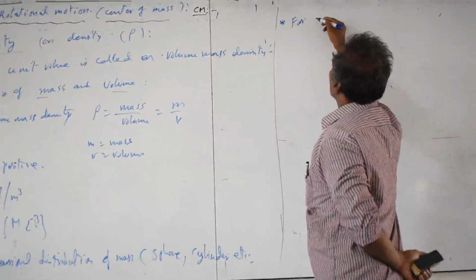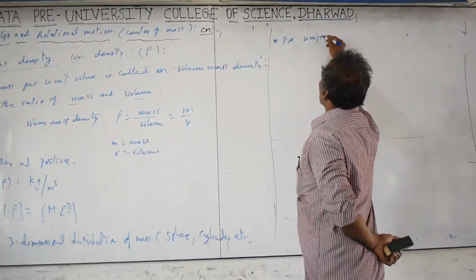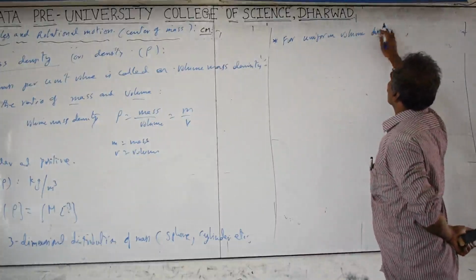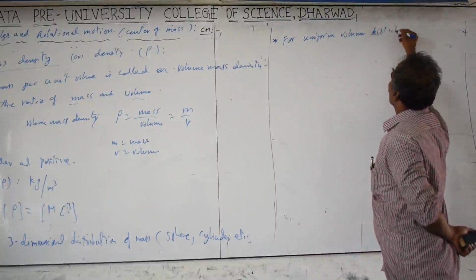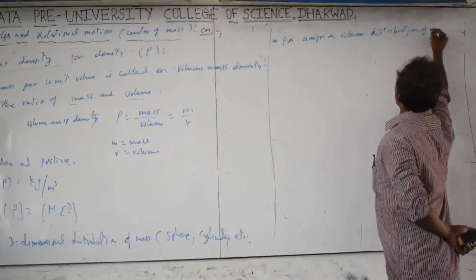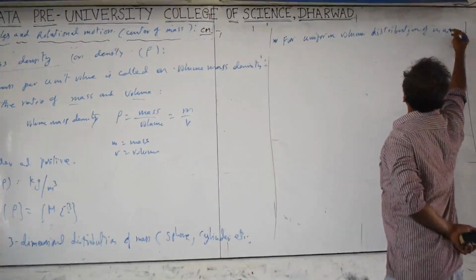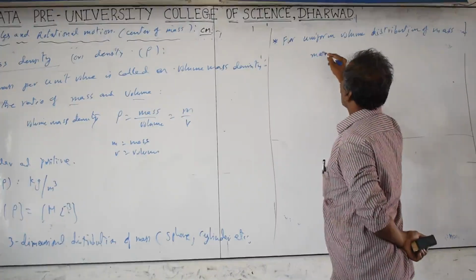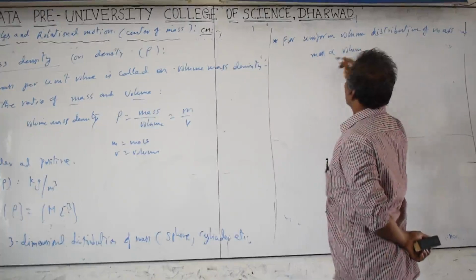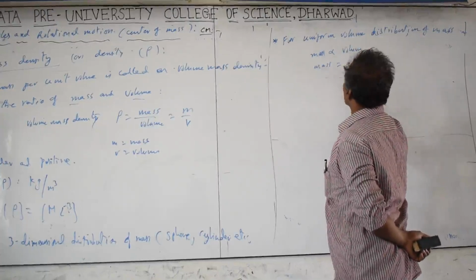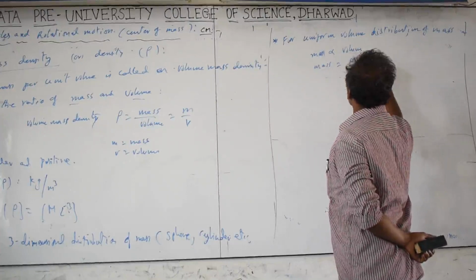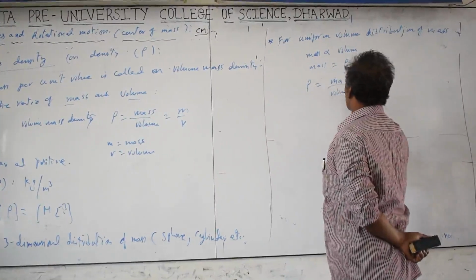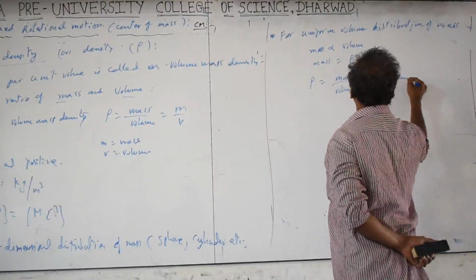For uniform volume distribution of mass, mass is proportional to volume, or mass is equal to rho into volume, or we can take rho equal to mass by volume equal to constant.